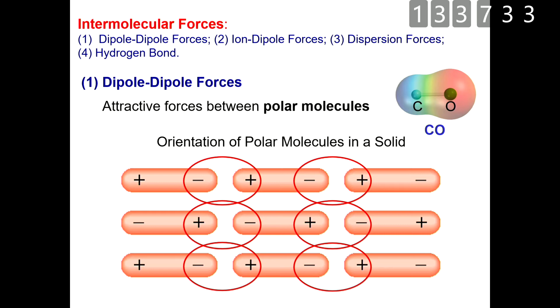The third one is dispersion forces. And the fourth is the hydrogen bond. You should have learned about the hydrogen bond in high school, right? Yeah, we will introduce this also. Hydrogen bond, of course, is one kind of intermolecular force. So the first one is dipole-dipole forces. What are dipole-dipole forces?